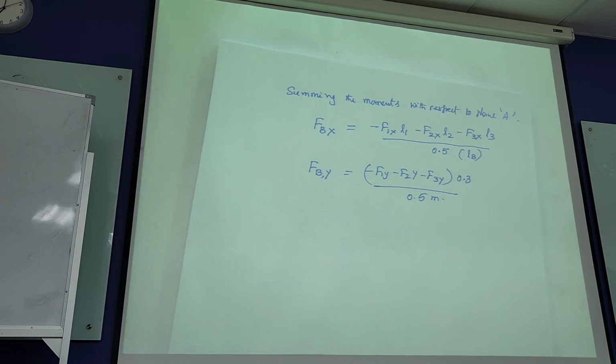So you can see all L1 and 2 and 3 will be 0.3 meters. So from this calculate what is FBX and FBY.